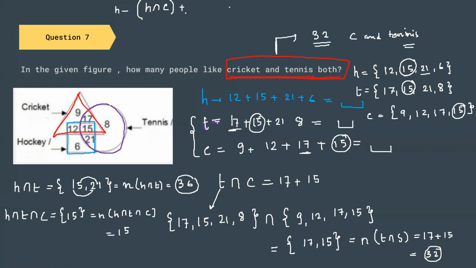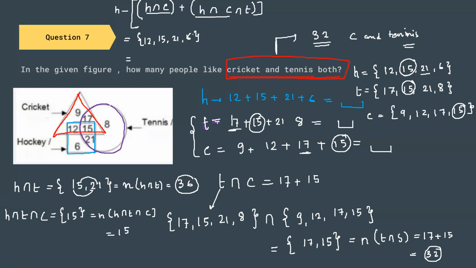We are doing a set difference here, so this will be this thing, and hockey intersection C intersection tennis. So H is your 12, 15, 21 and 6. Then you take the addition of these two sets and you can find the set difference. So the final answer you should get is 9.